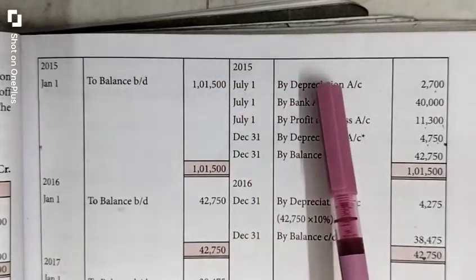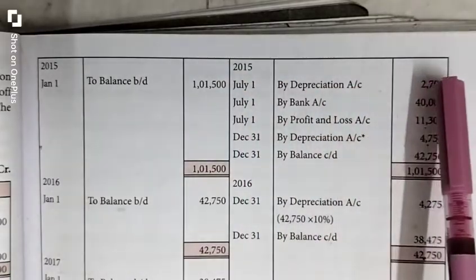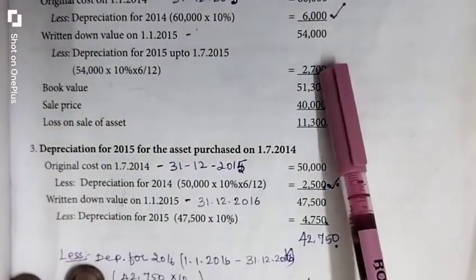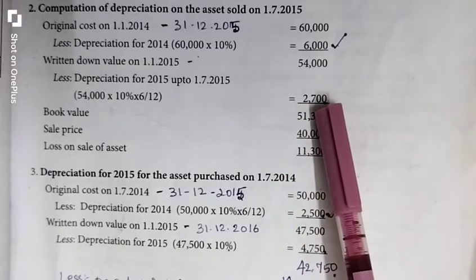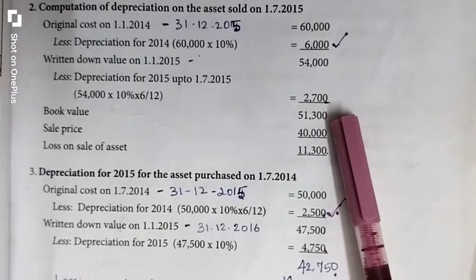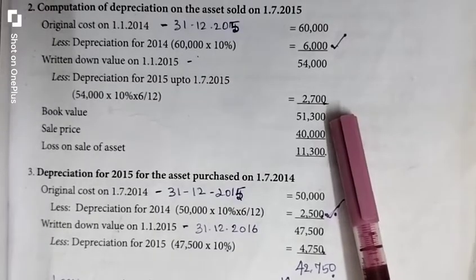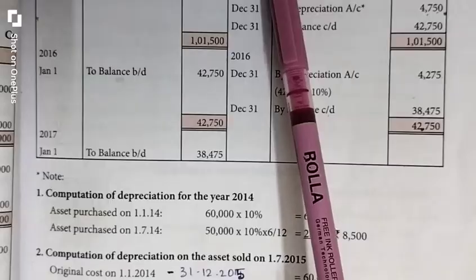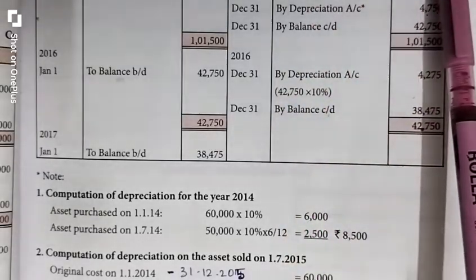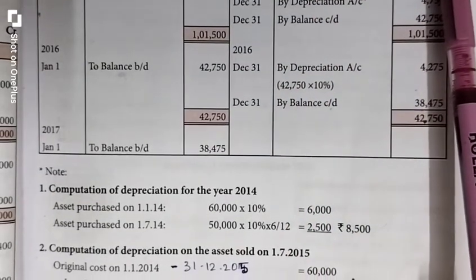The depreciation up to the same date is 2,700 rupees. Listen here, we already calculated 2,700 rupees on 1/7/2015. Okay, so by depreciation account 2,700 entered.